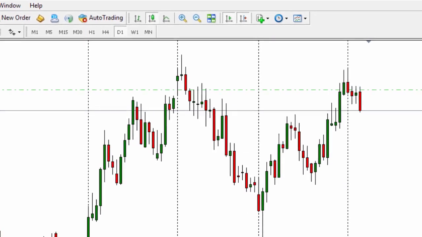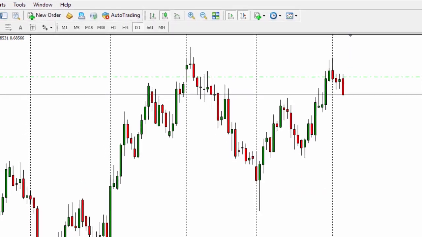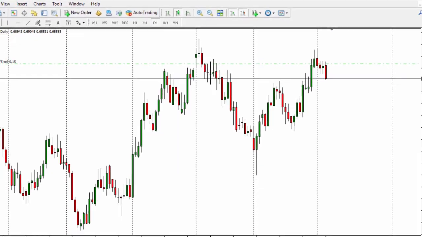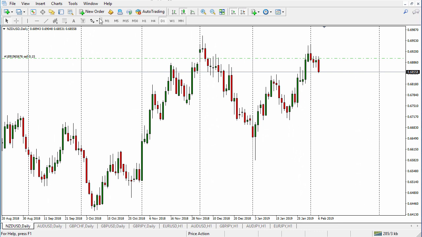The fact that price got rejected by the bulls at this resistance zone after it went on to form this major 7-month high makes it sort of a pretty significant price barrier.